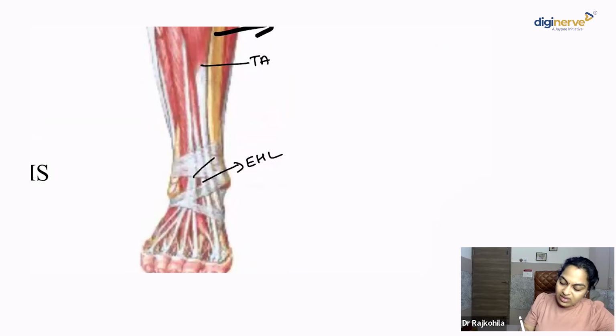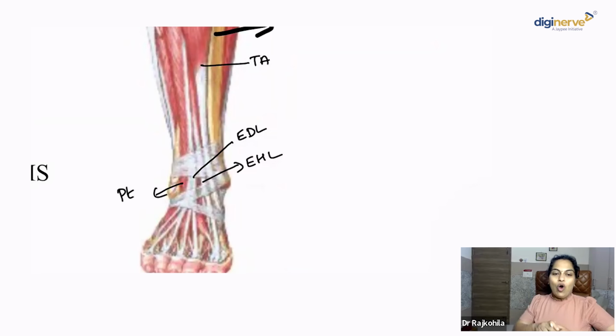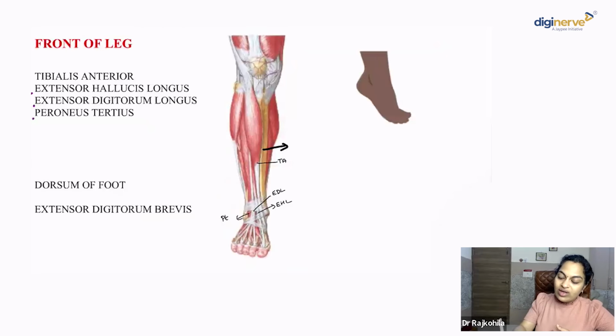And just lateral to it, this is going to be the extensor digitorum longus. And these muscle fibers that you get to see here is the peroneus tertius. All these muscles will cause dorsiflexion at the ankle joint. And as I told you, they are going to be innervated by the deep peroneal nerve.